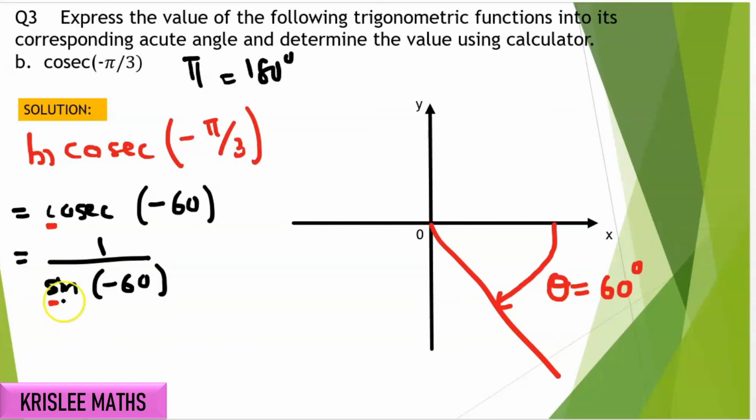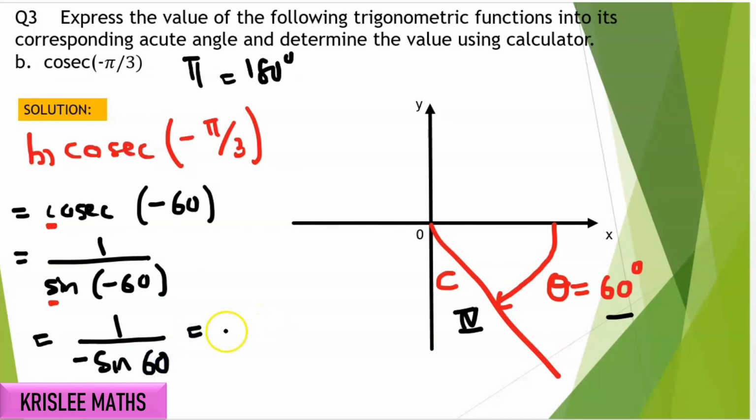So here you can rewrite the equation as 1 over sine. In the fourth quadrant only cos is positive, therefore sine will be negative. So negative sine and the acute angle is 60 degree. Now you can use the calculator and you will get negative 1.1547 as the final answer.